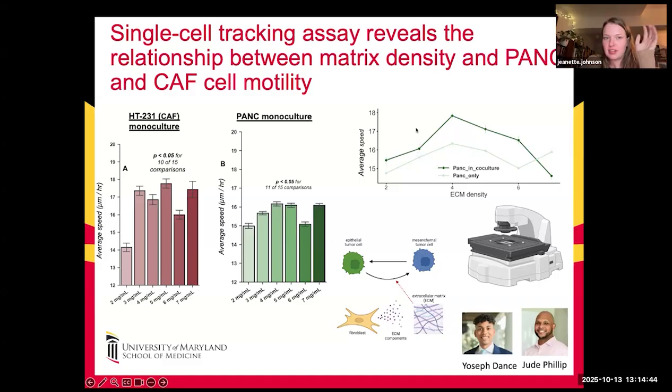Sorry, my p-value got cut off here, but this is significant. They're faster across the board, and they peak at 4 mg per mil and then not again when they're in co-culture. So we saw that tumor cells get a motility boost at certain concentrations of ECM when they're co-cultured with CAFs.